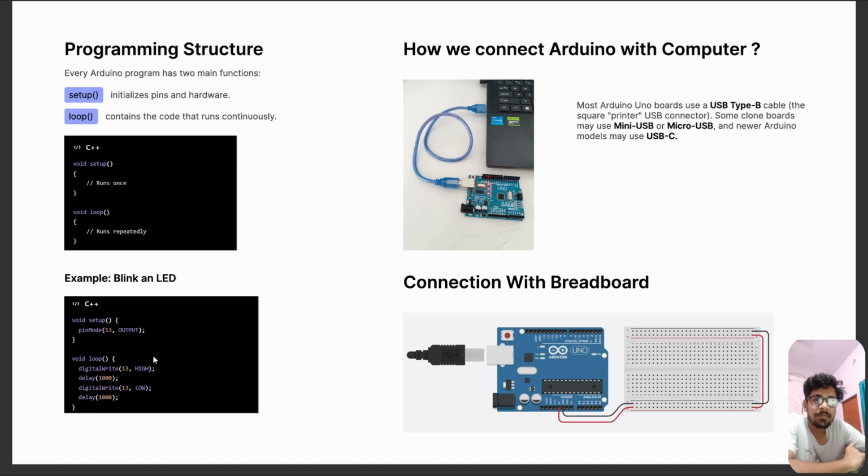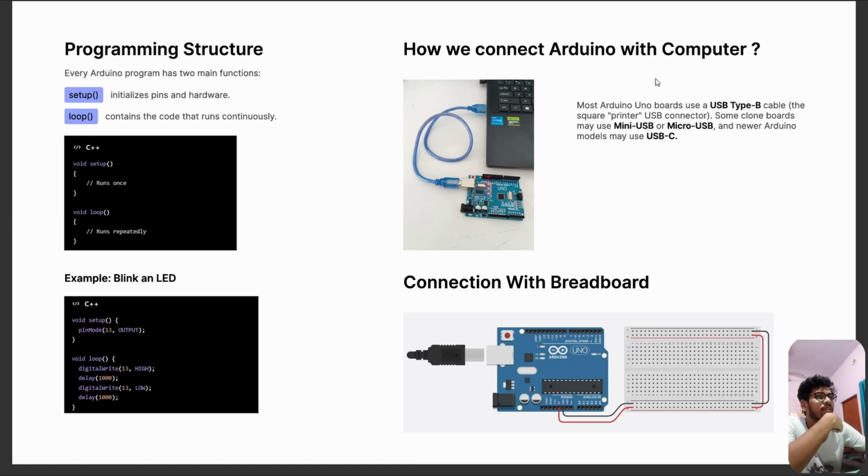Basically, on digital pin 13 we give a high output for 1 second, and after 1 second we give a low output. This keeps repeating continuously, which is why it blinks. So this is the basic program structure.